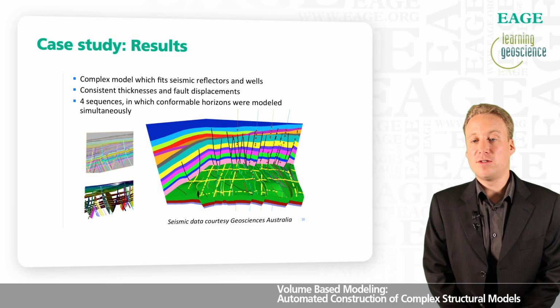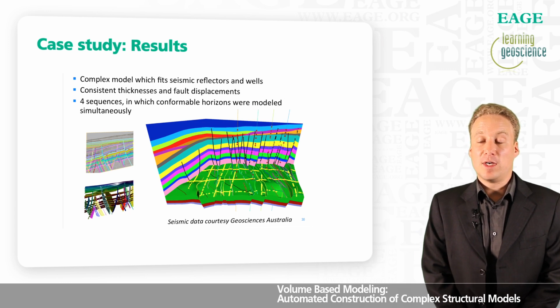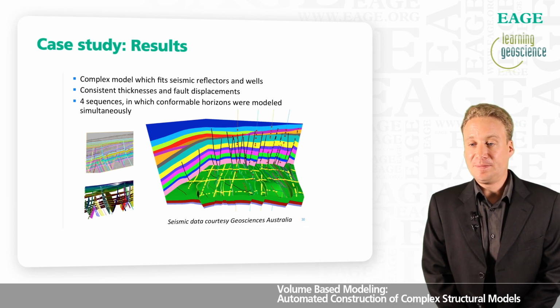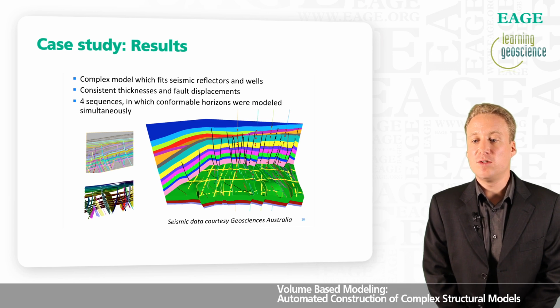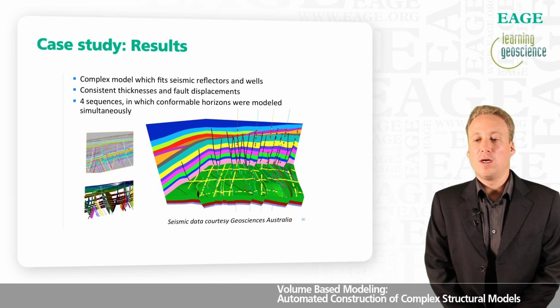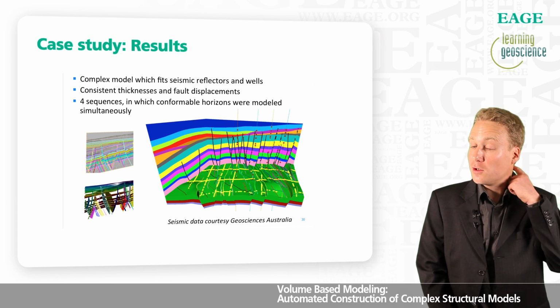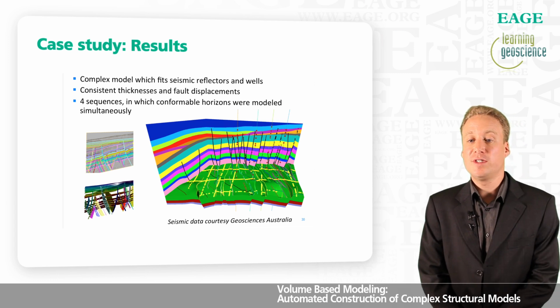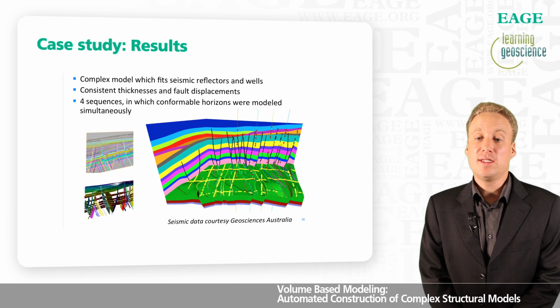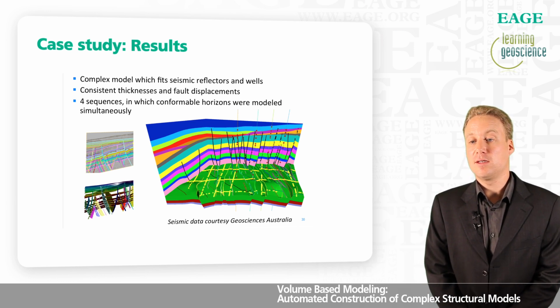At the end, we added the horizons that were based on well-top data, and we obtained the models that you can see at the bottom right of this slide, where we have a set of horizons and unconformities properly faulted by the faults, and that all have consistent thickness maps.